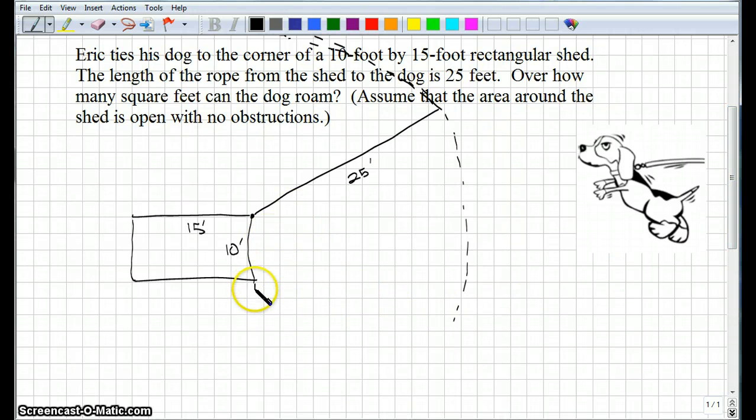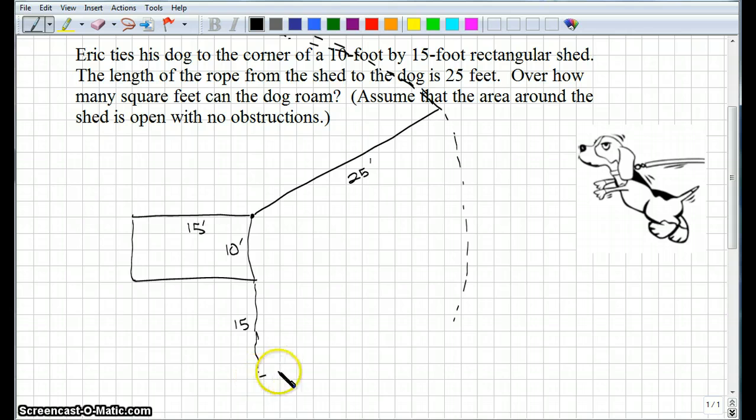So over here, when his rope is lined up with the 10-foot side of the shed, his rope is going to extend 15 feet beyond that, right?